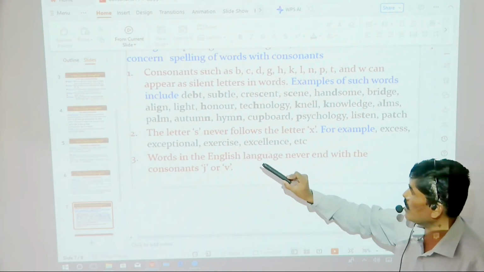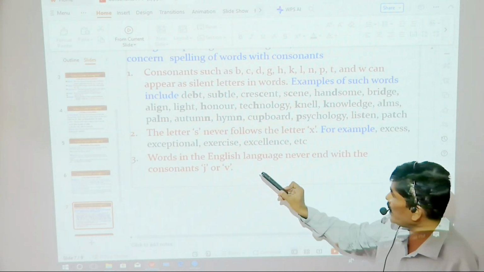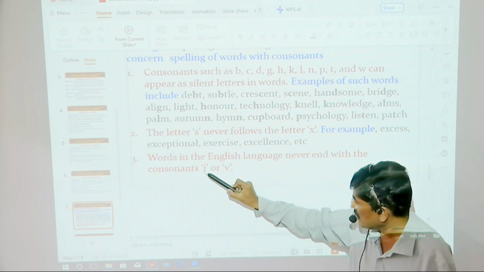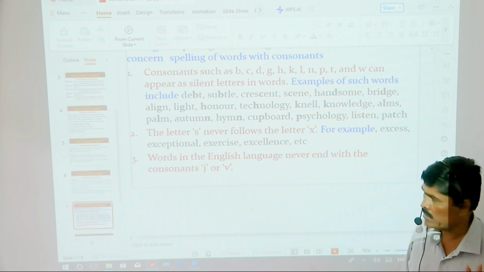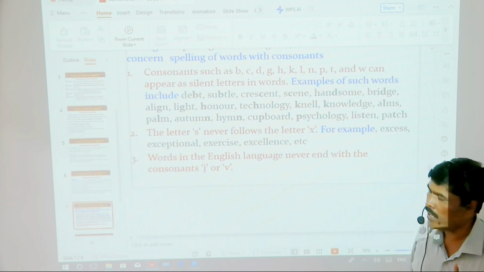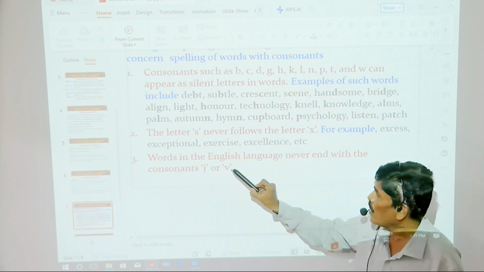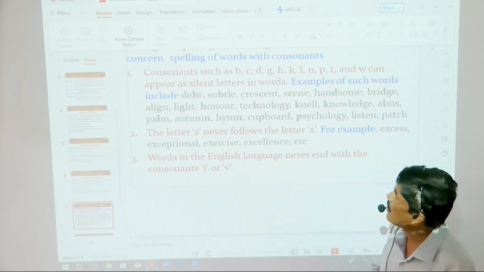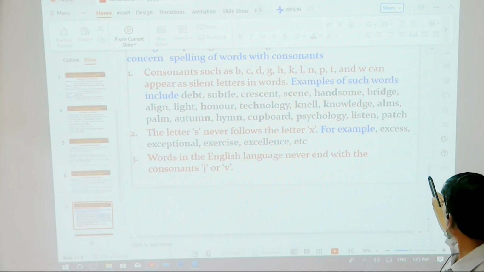Excess, exceptional, exercise, excellence, etc. Words in the English language never end with the consonants Z and V. Means there is no word in English where the last letter is Z or V. So these are the very short rules that we have seen here.